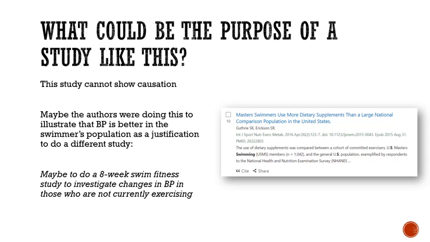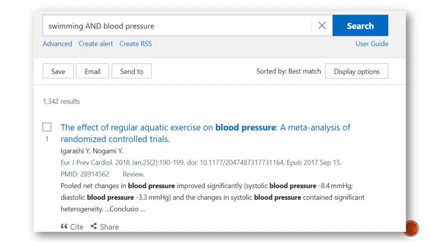Because if you ever work in a situation where you're able to get access to 10,000, 20,000 data points, you can really do some cool stuff. Now, what is the evidence for aquatic exercise and blood pressure? Well, that work has been done. And so it appears to be beneficial, but it wasn't done by our previous authors.